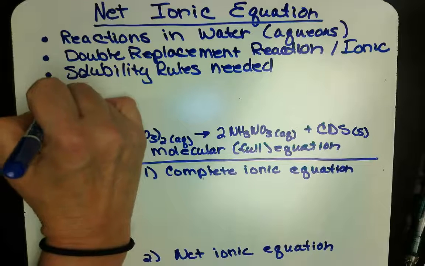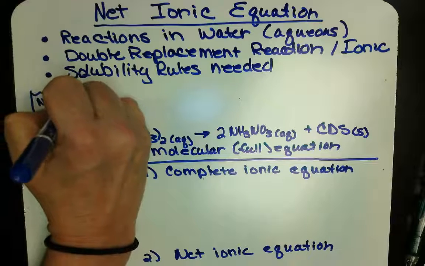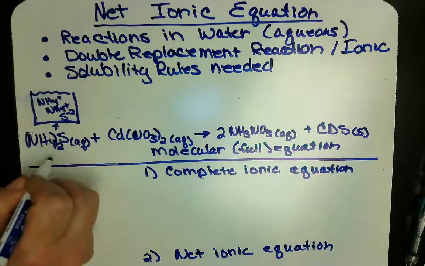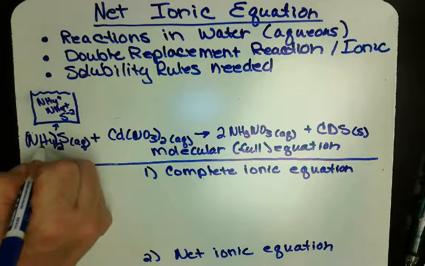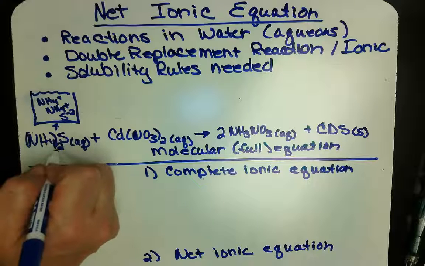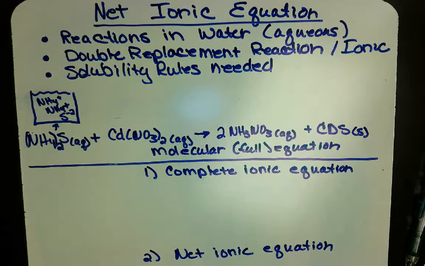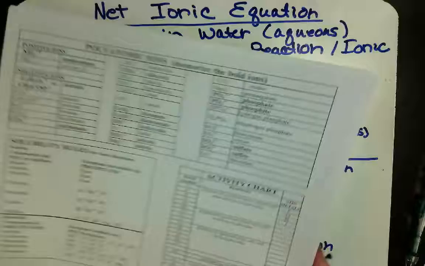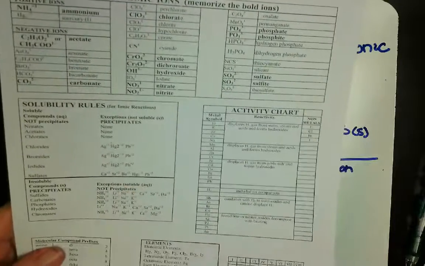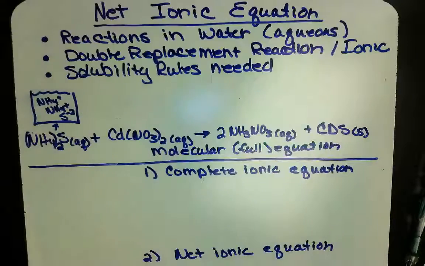NH4 plus, NH4 plus, and a sulfide minus 2. Why minus 2? Because that's plus 1, and there's 2 of them, so that's minus 2. So you might need your polyatomic ions out, and you definitely need your solubility rules out for this.